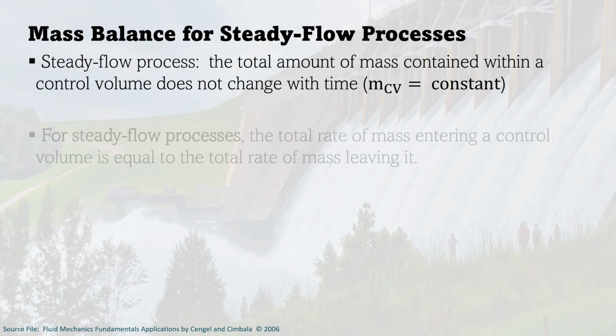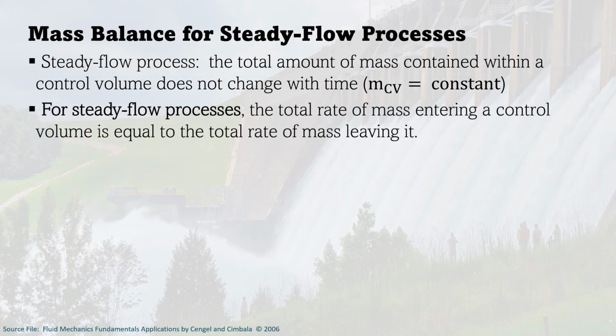For steady flow processes, the total flow rate of the mass entering a control volume is equal to the total rate of mass leaving it. So in equation form, if we have a steady flow process, the summation of mass in is just equal to the summation of mass out of that control volume.